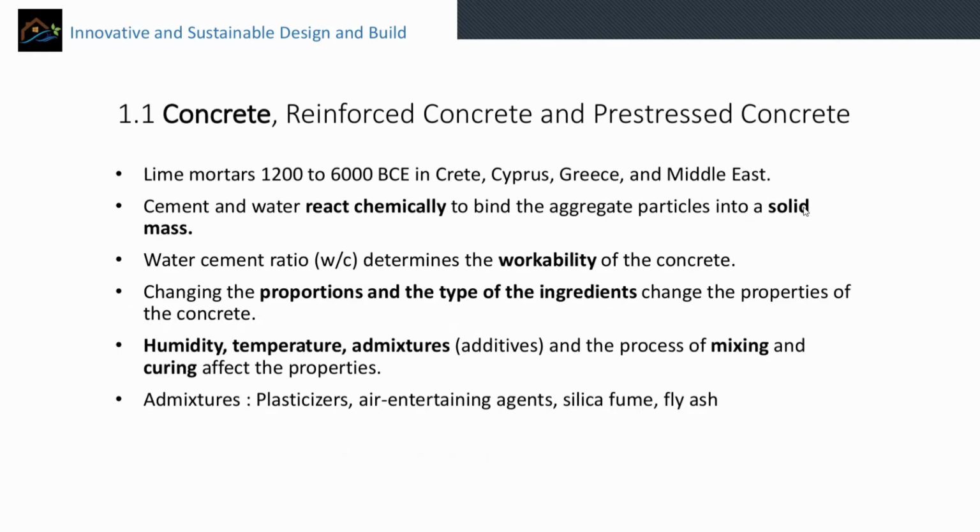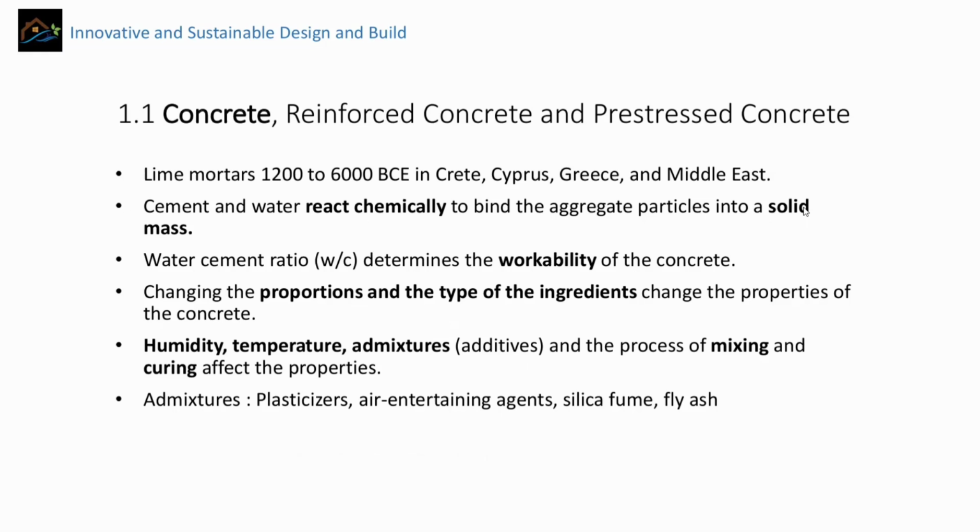Basically, looking at the history of concrete, lime mortars were used around 1200 to 6000 before Christ in Crete, Cyprus, Greece, and the Middle East. So it has a very long history, and it has been used for centuries. And basically, cement and water react chemically to bind the aggregate particles into a solid mass.